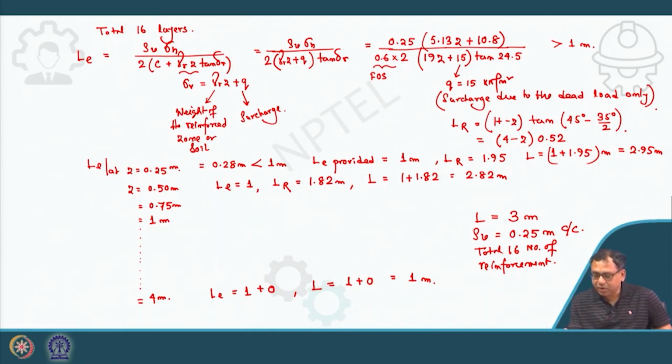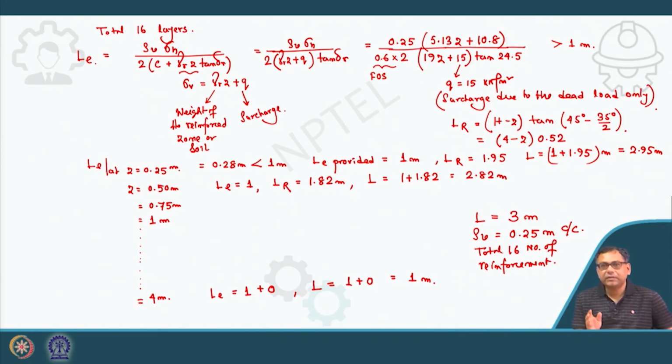I have already discussed why I have taken only 15, not 40, because the dead load will always be present but not the live load. If I provide 40, then the required LE will be less, because you are dividing it by 40. But when the live load is not present, the required LE will be more.